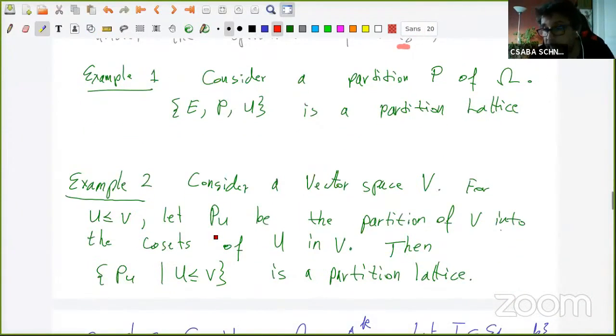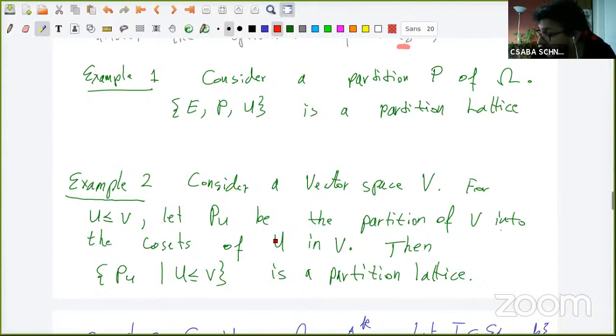Another example of a partition lattice that I'm going to use later: consider a vector space. Whenever you have a subspace, you can consider the partition of the vector space into the cosets of the subspace. You can take the set of all subspaces, and consider all the partitions with respect to these subspaces, and it's going to be a partition lattice.